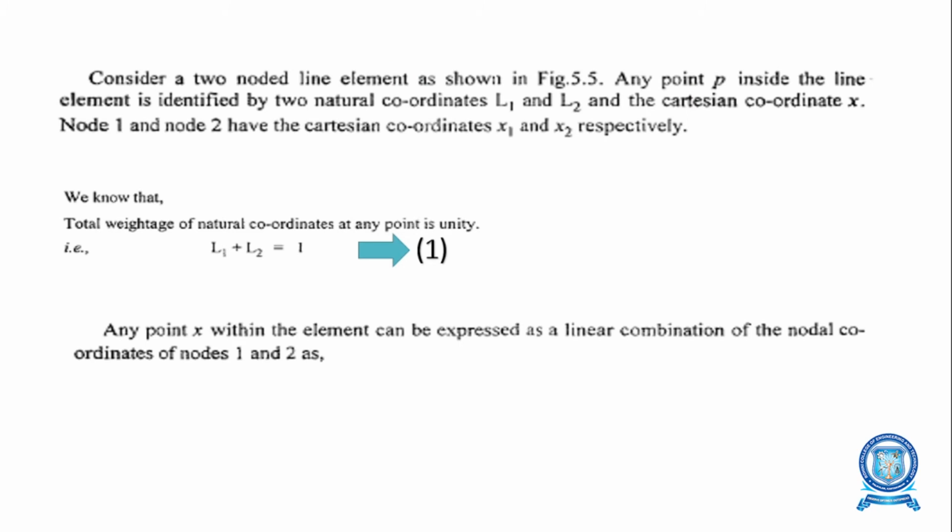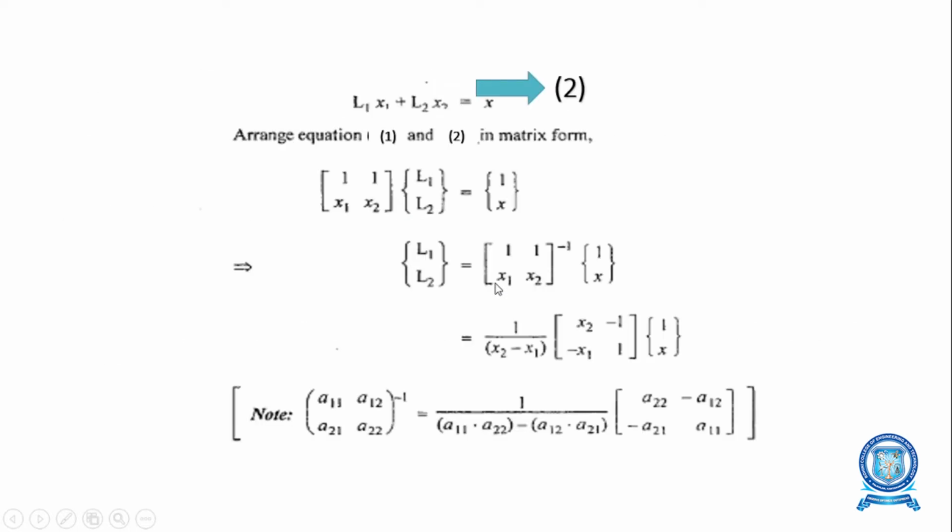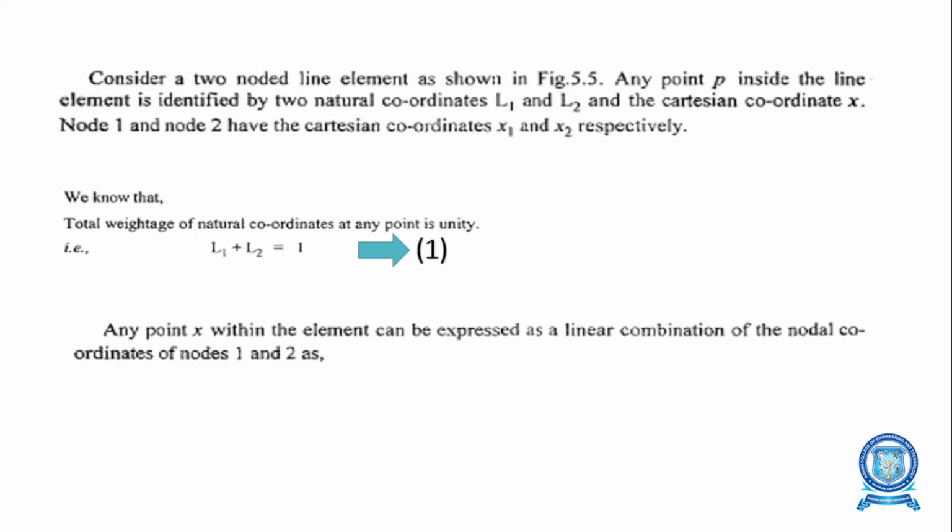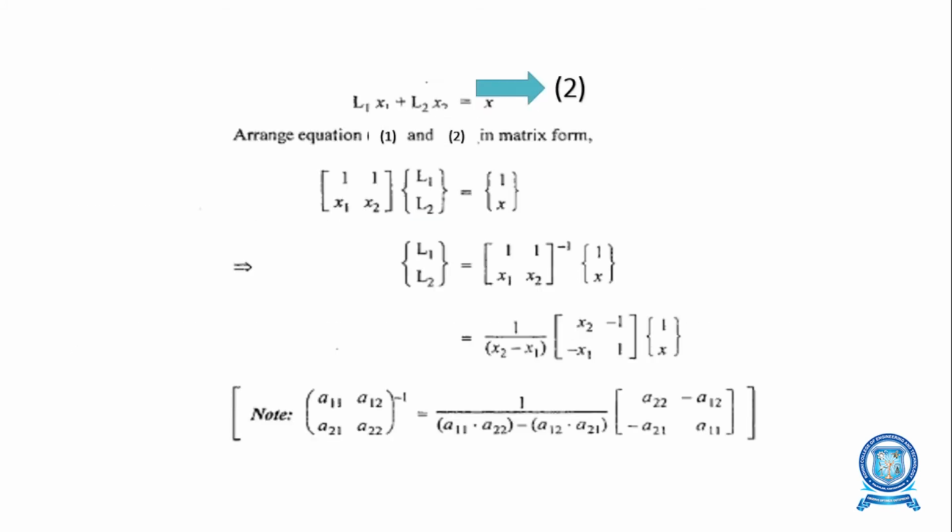The total weightage of natural coordinates at any point is L1 plus L2, which is equal to 1, which is unity. We consider this as the first equation, and the second equation as L1 into x1 plus L2 into x2.